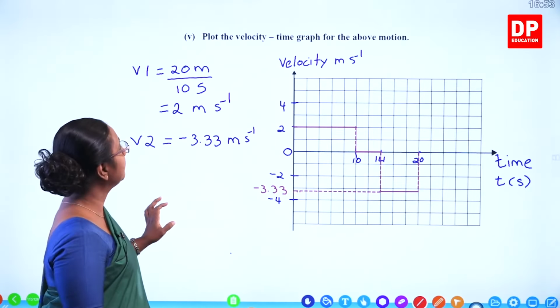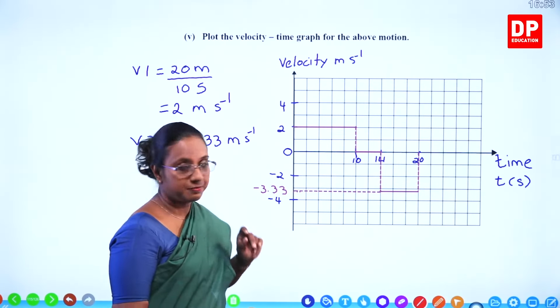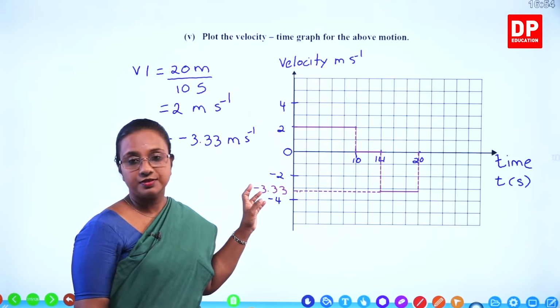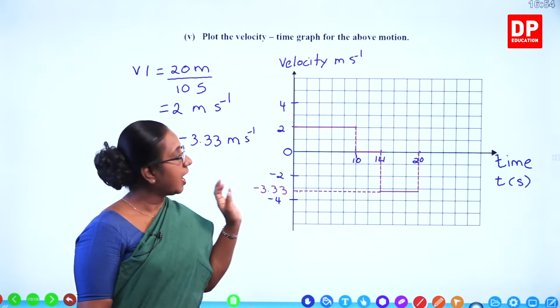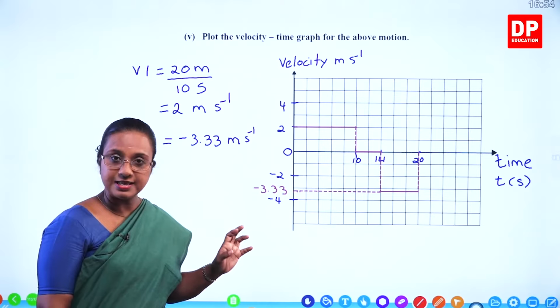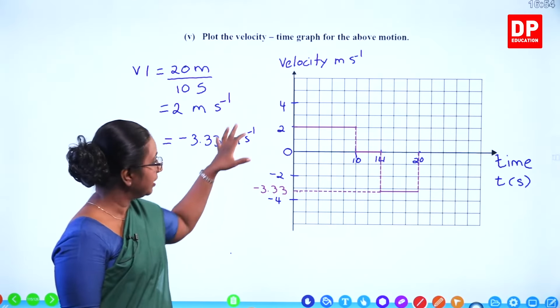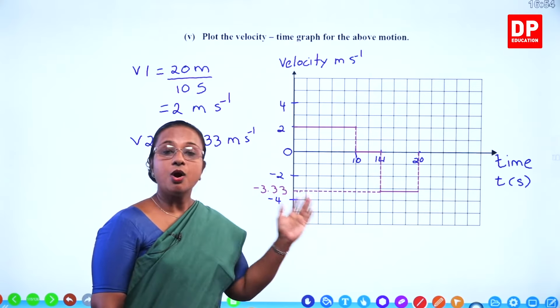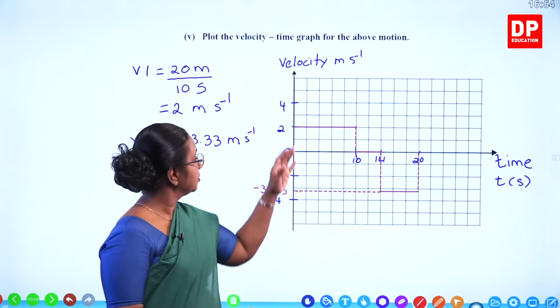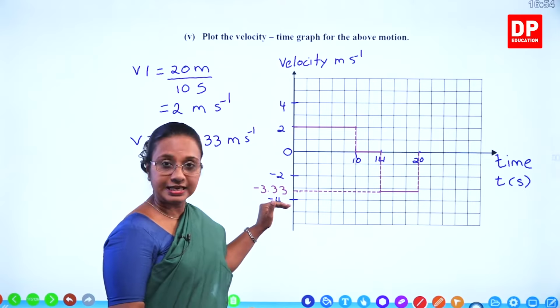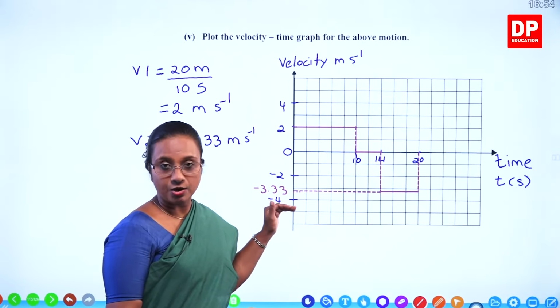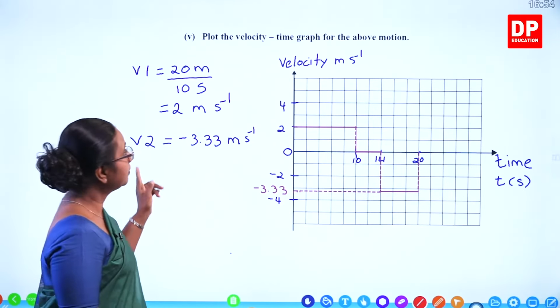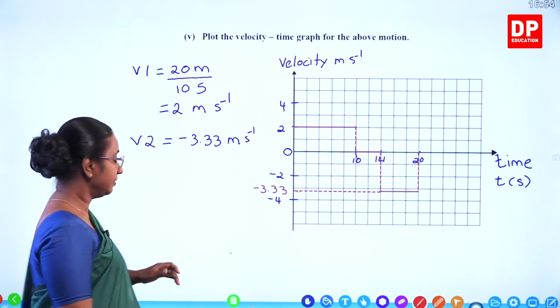So this will be the velocity time graph for the motion of the object. I hope you got a good understanding as to how we draw the graph when it comes to a motion in opposite directions. So positive value and negative value for the velocity. Now we will go on to the next question.